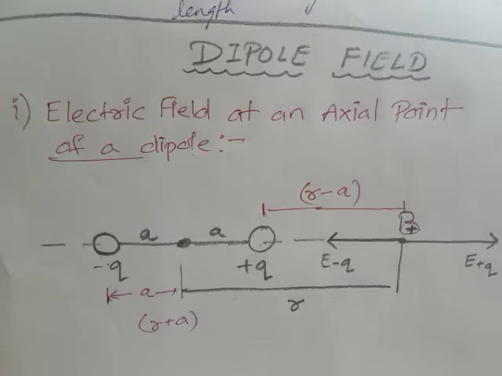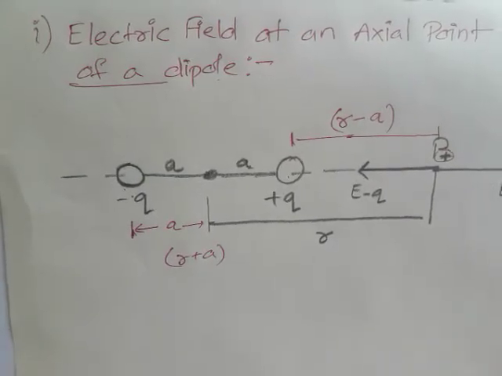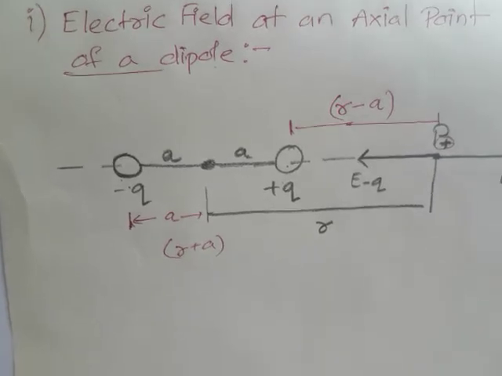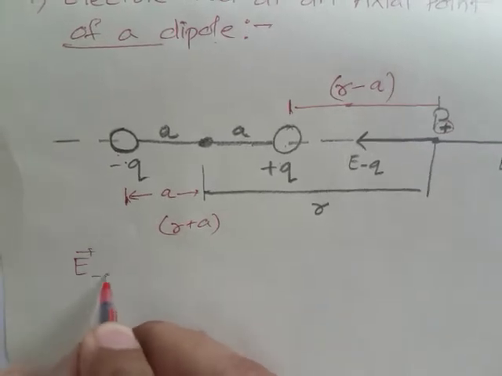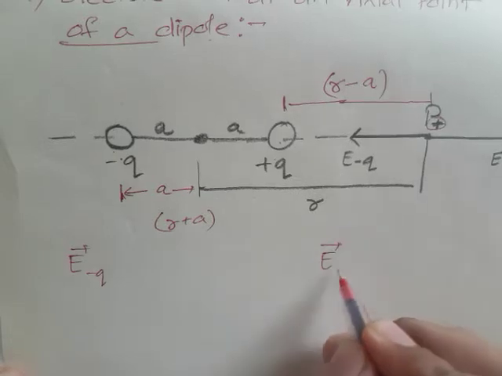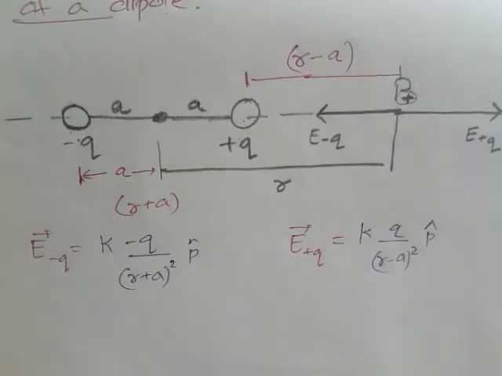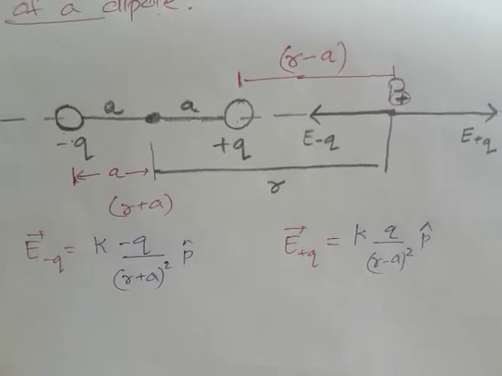Now the formula for electric field, we know, is E equals kQ by r square. In the same way we will find the electric field for the negative charge q, and the same way the electric field for the positive q charge. Okay, you think and tell me. I hope you guessed it.